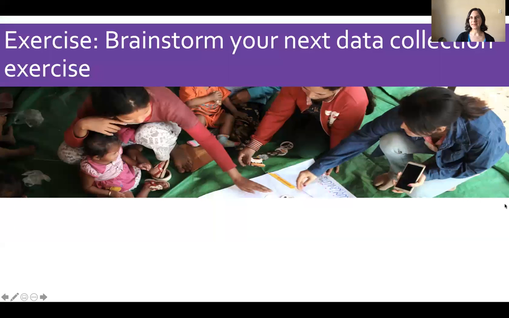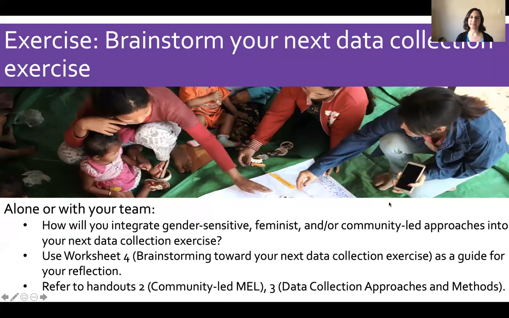And then I'm going to invite you into a more in-depth reflection and exercise, thinking toward your next data collection exercise. And you can use worksheet 4 for this. It can guide your reflection and also just act as a repository for any inspirations and ideas, anything that's percolating for you right now, given what you've heard in this module and the previous 2.